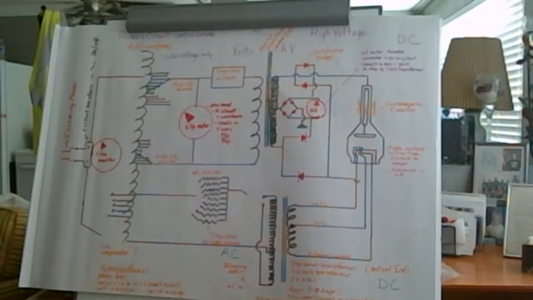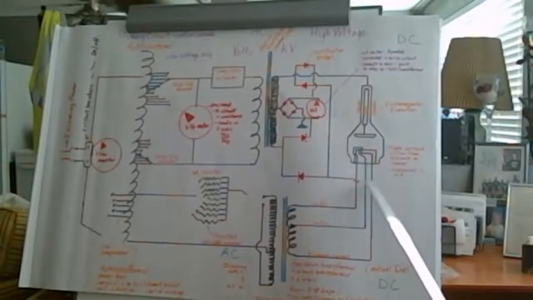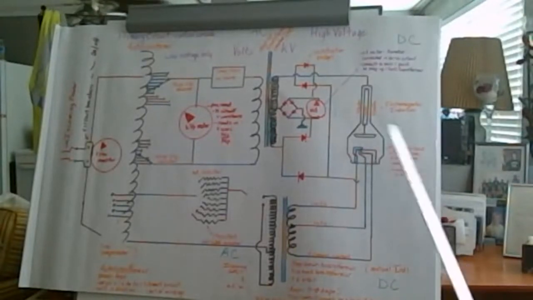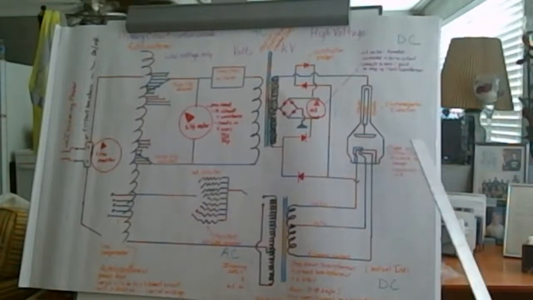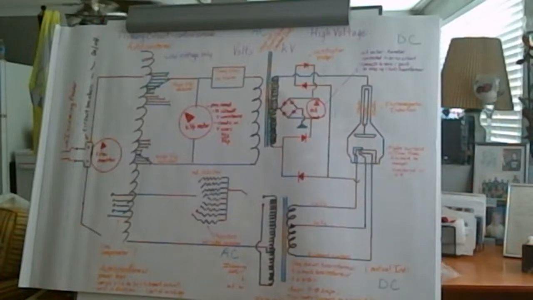So when I make a small adjustment in my filament current, say I went from 3 amperes to 3.5 amperes, that would represent millions more projectile electrons available for tube current. So it only takes a little change in filament current to make a large change in tube current.